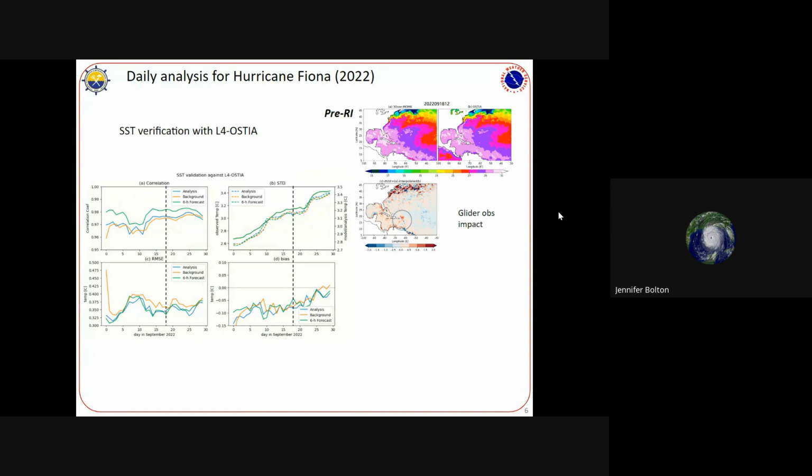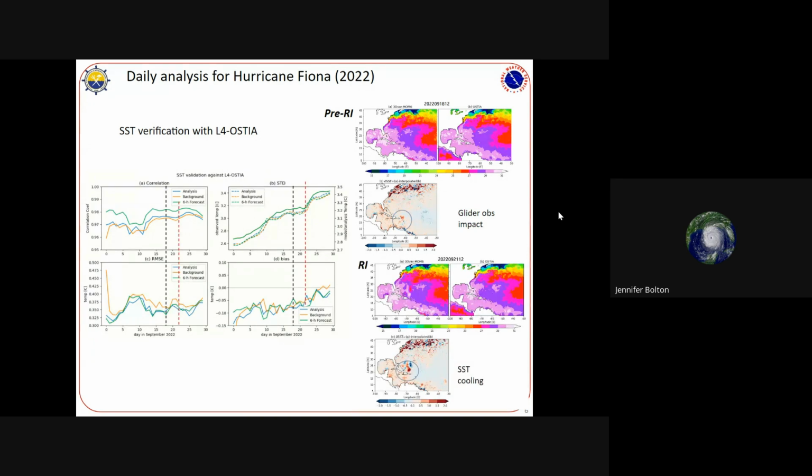And then the color figures on the right side, those are the MOM6 analysis on the left, and the OSTIA analysis product in the middle, and then the third one is the differences.